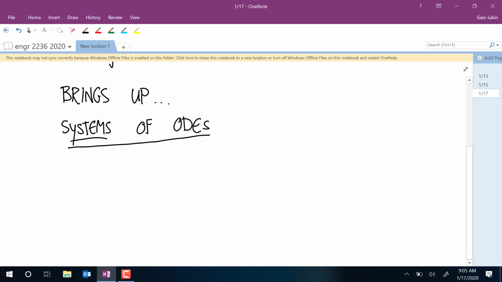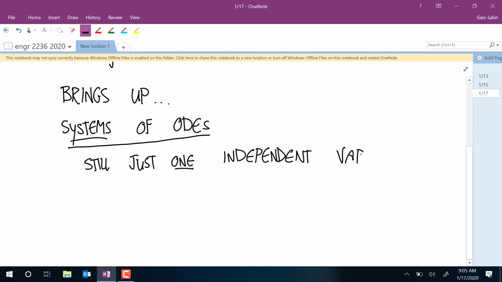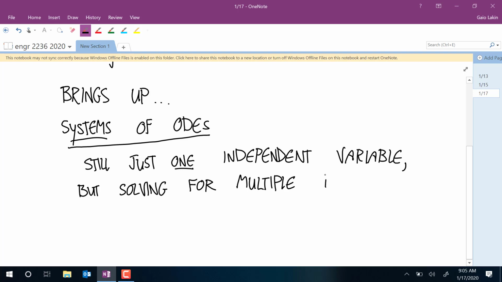Systems of ordinary differential equations are, you still have one independent variable, but you're solving for multiple dependent variables.